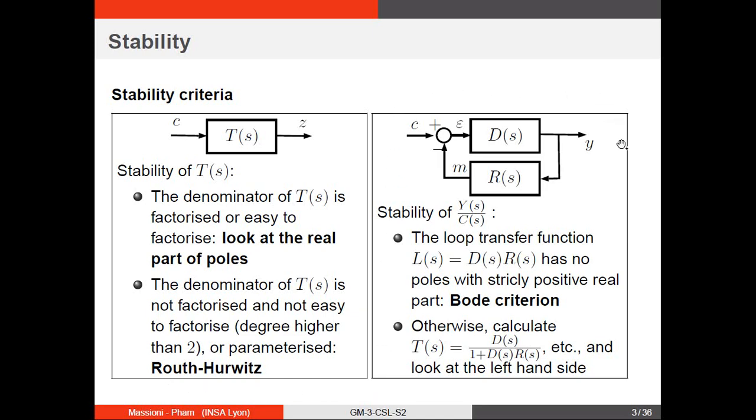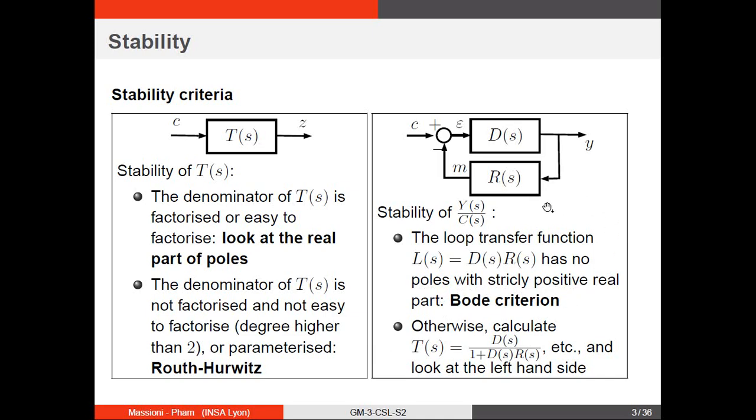If instead you have a situation like this one on the right hand side, which means a closed loop system, a feedback system, and you are asked whether the transfer function from c to y is stable, not d alone, not r alone, but c to y, for which you know the expression would be this one, you have the possibility, if both d and r do not feature strictly positive real part poles, to use what we call the Bode criterion.